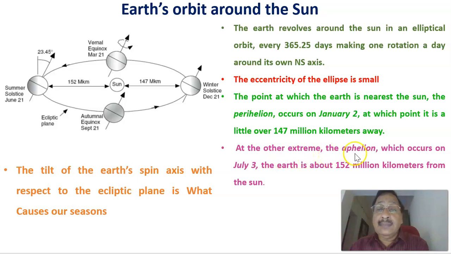At the other extreme, aphelion, which occurs on July 3, the Earth is about 152 million kilometers from the sun. The tilt of the Earth's spin axis with respect to the ecliptic plane is what causes our seasons. So this is the Earth orbit around the sun, a pictorial representation.